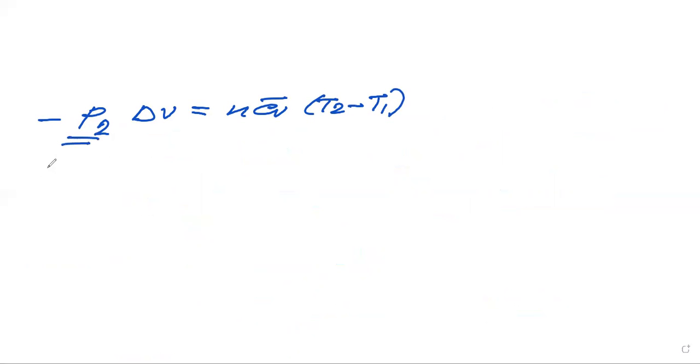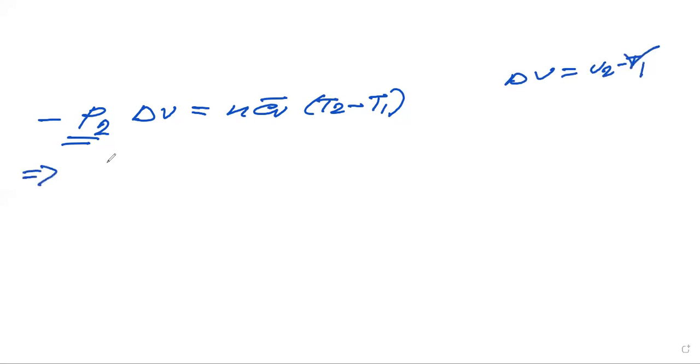Now we have minus P2 into delta V equals n Cv bar (T2 minus T1), where P2 is the final pressure of the system, and delta V is the change in volume, where delta V equals V2 minus V1.